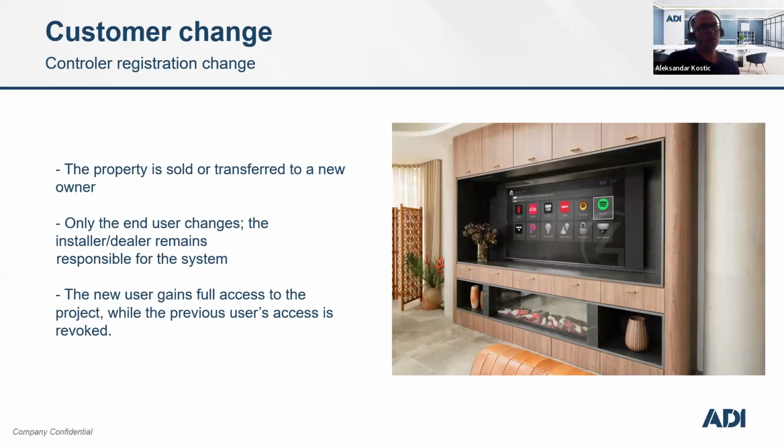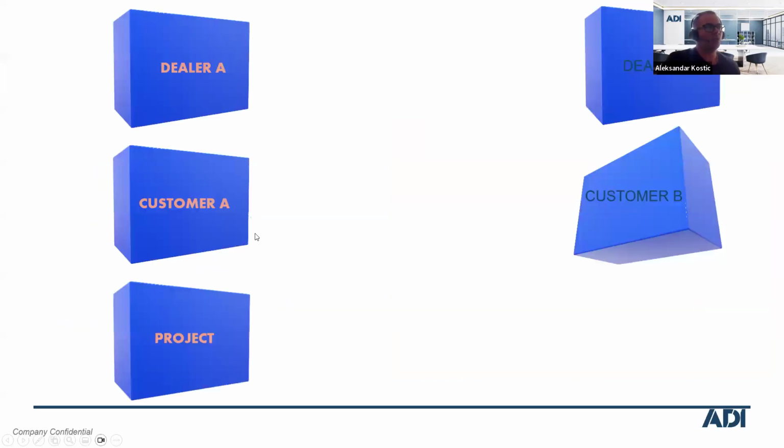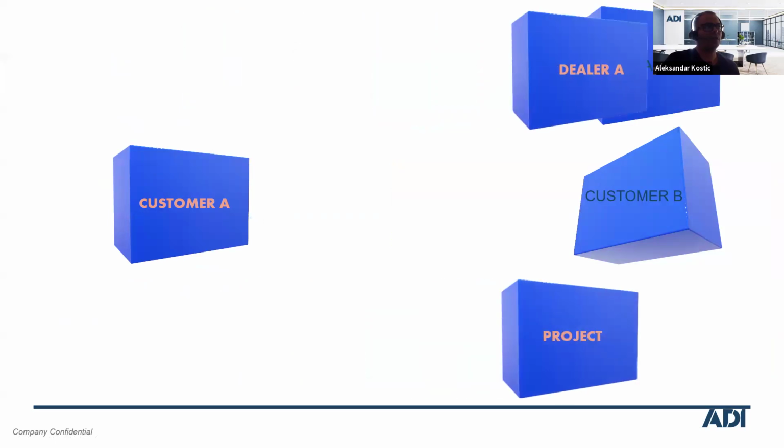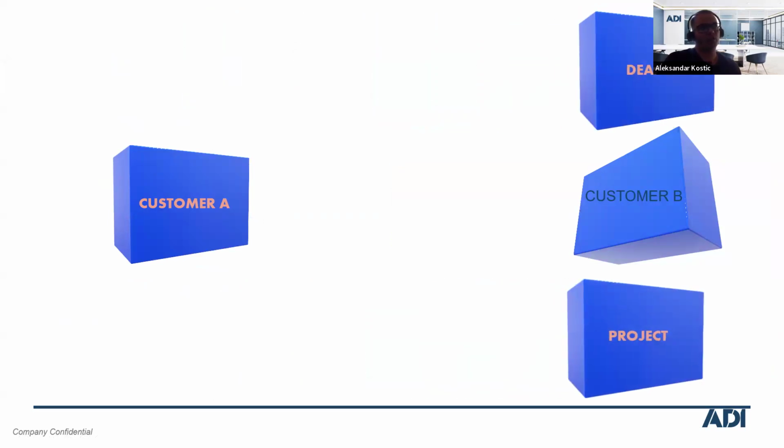So the same dealer should just switch the account from one customer to another. So we have a project and the dealer changing the customer. The dealer remains the same and the customer is different.